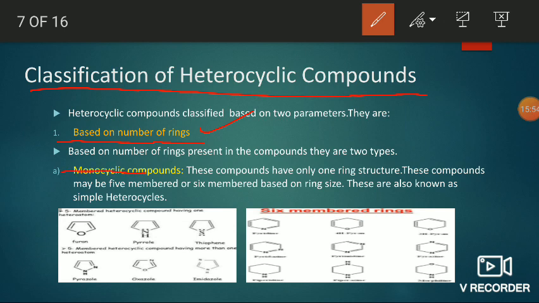They may be monocyclic compounds, also known as simple heterocyclic compounds.